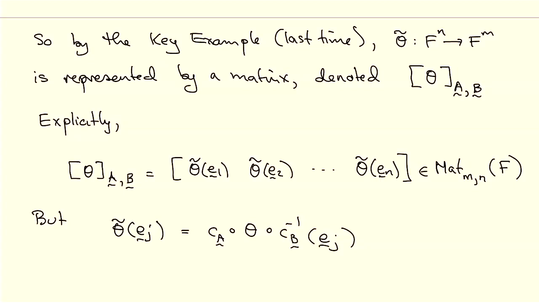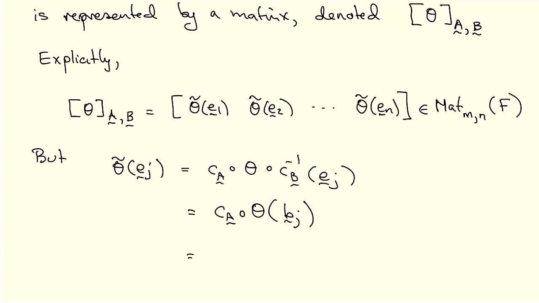So the inverse maps the standard basis back to our basis B. So that's B subscript j. And now this is CA of theta of B subscript j, if you like.